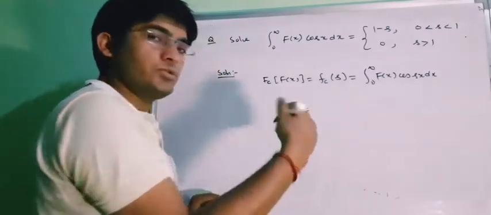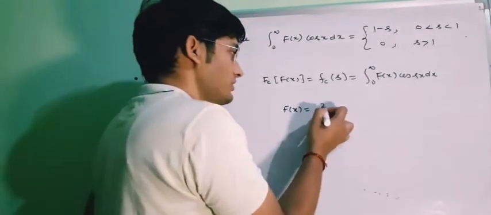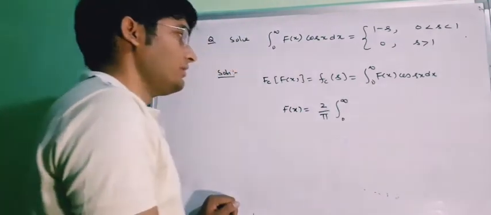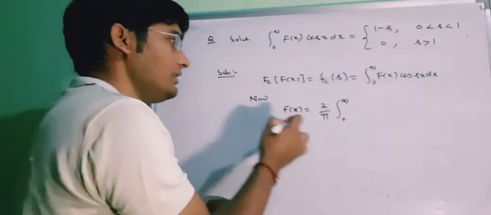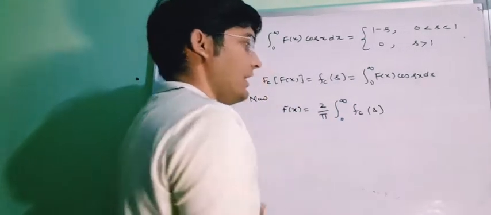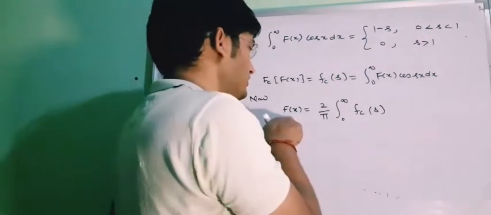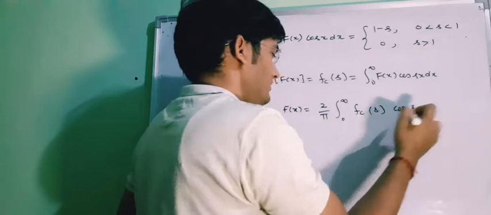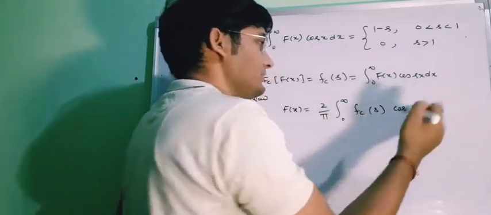For f(x) we will use the inverse Fourier transformation. So the inverse Fourier transformation is 2 upon pi, and then we will have the Fourier cosine transformation, and as we are using the inverse cosine transformation, we will have cos sx and then integration with respect to s.